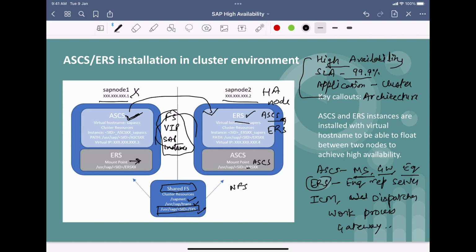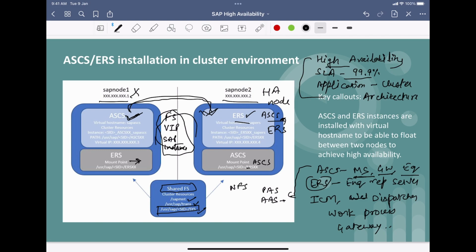So it seems seamless. The remaining services get high availability from certain different instances, let's say the PAS and AAS. These will have services like ICM, dispatcher, work process, etc. These services can be redundant across these nodes, and we get the redundancy for these services using SUSE cluster.